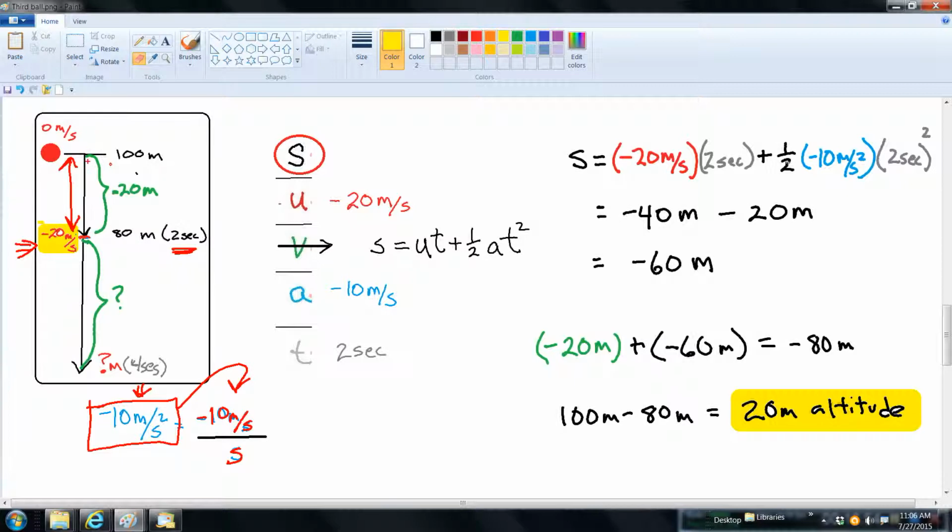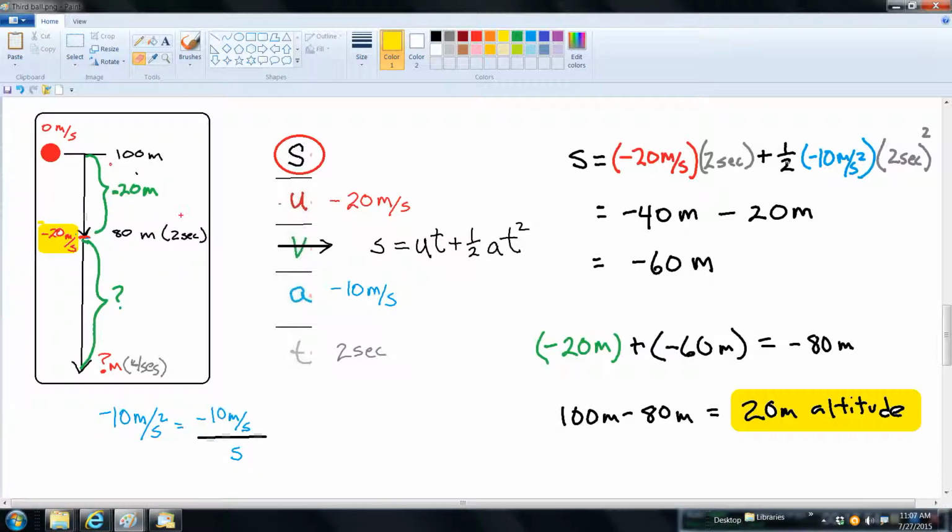So in other words, this velocity is changing. Because it's going down, you could say, and it's negative, that the velocity is increasing by minus 10 meters per second every second. So that's a real easy calculation.